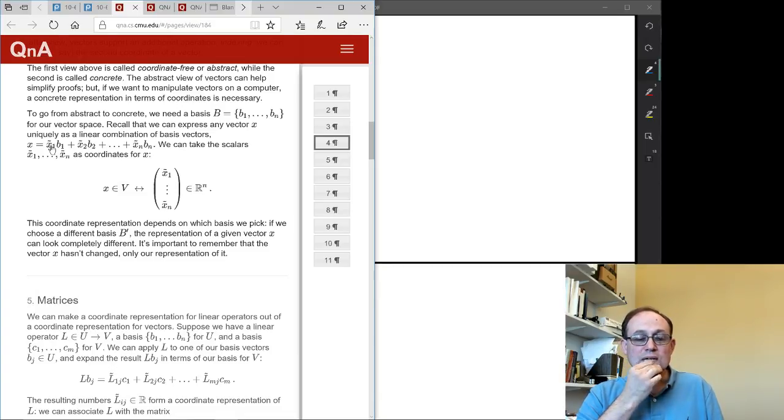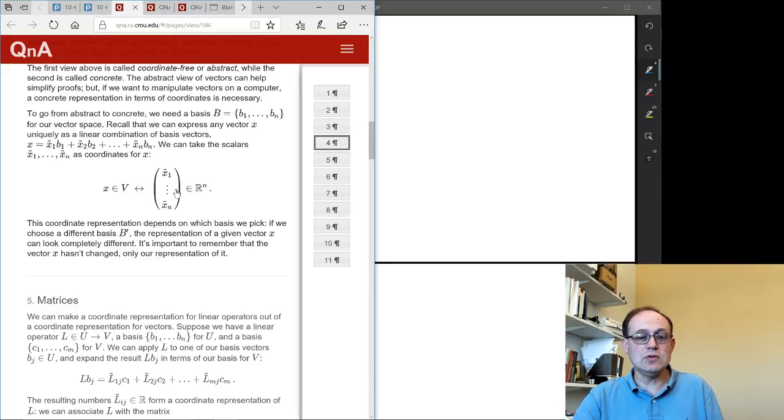And so we take that list of real numbers as coordinates, right? So if x is a vector in V, and V is n-dimensional, we have a basis with n elements in it, then the vector x tilde 1 through x tilde n is going to be a member of the real vector space Rn.